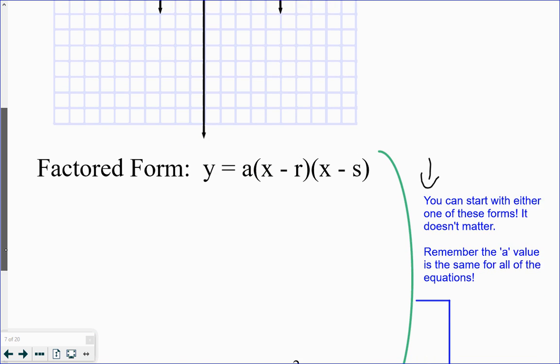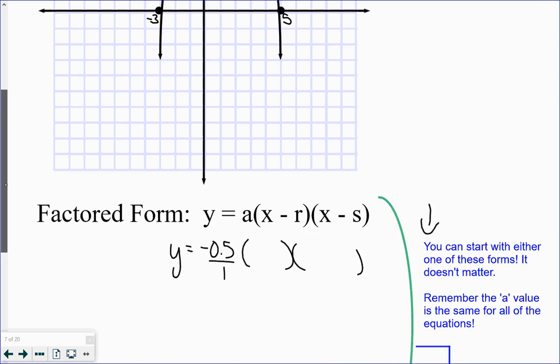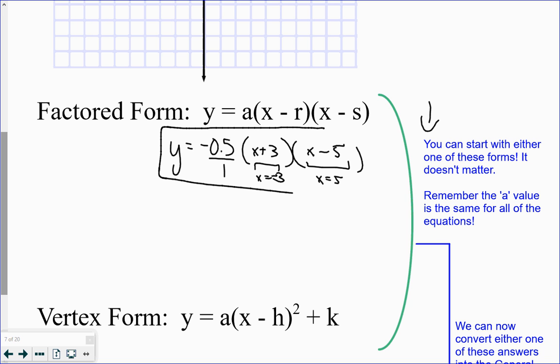So for the factored form, a is -0.5 over 1 because I went down a half and over 1. Now, my first x-intercept was at -3, so I'm going to write x plus 3. And my other x-intercept was at 5, so I'm going to write x minus 5. And that's it. That's done.